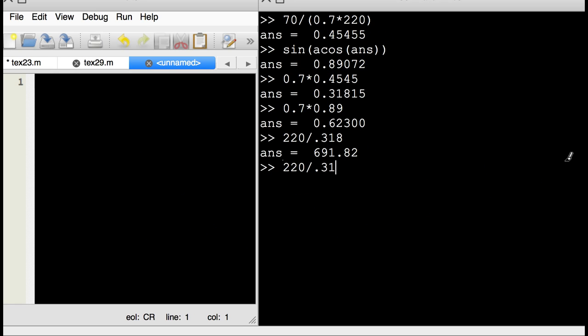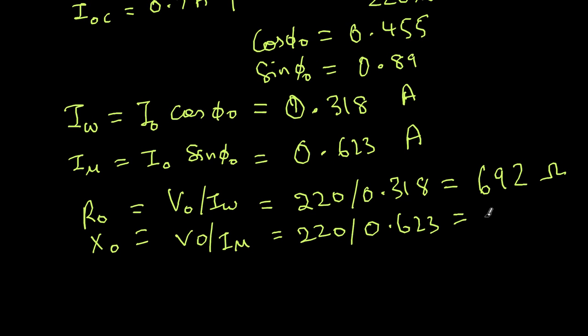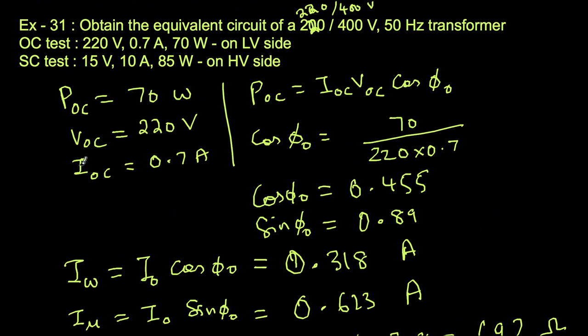And 220 divided by 0.623 gives 353.13, so I'm writing 353 ohms. So that's it. Using the OC test, I found two parameters.